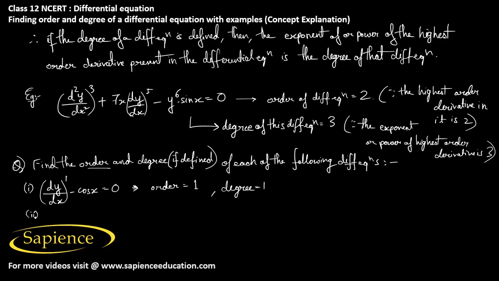And in the second question, it is given xy d²y/dx² + x (dy/dx)² − y dy/dx = 0. Now here the order is 2, since the highest order derivative that is present in this differential equation is 2.